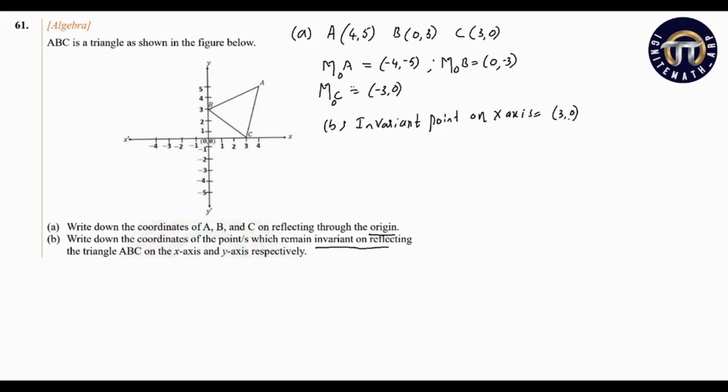Every point on the x-axis is invariant in the x-axis. So I can say point A is invariant in the x-axis, and the invariant point on the y-axis is point B, whose coordinates are 0 comma 3. That is, point B is invariant in the y-axis.